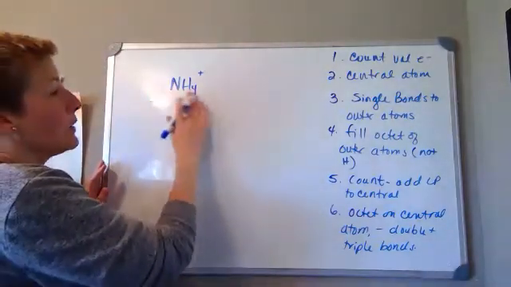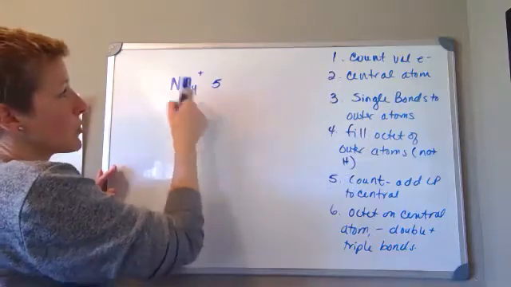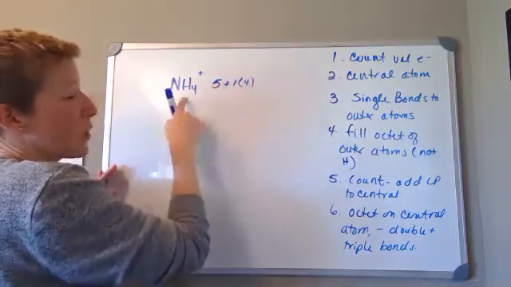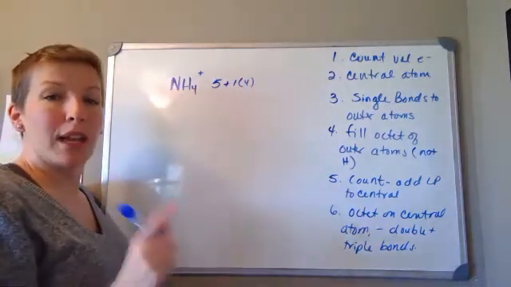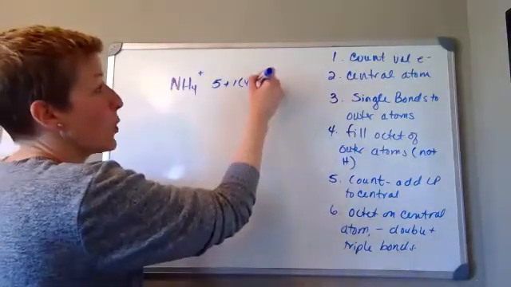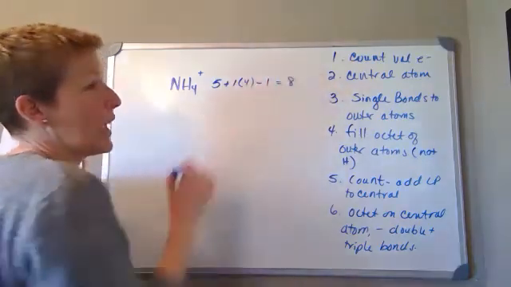So if we look at ammonia, we have 5 valence electrons. I'm going to start with the rules from nitrogen, plus 1 times 4 for each one of the hydrogens. But I have a positive charge. And the only way to get a positive charge is to lose an electron. And we lost 1 electron, so I'm going to subtract 1. So we had 9, and now we have 8.